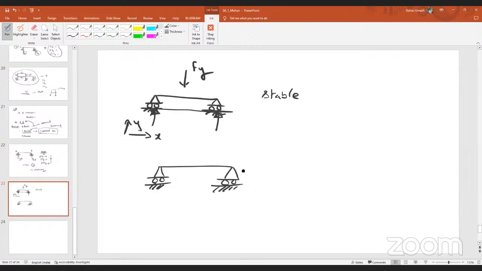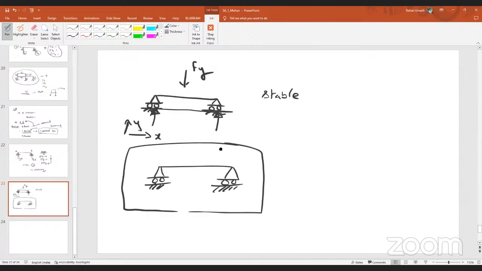In a generic sense, if I'm talking specifically about this problem, did I mention any direction of the force in this case? Did I say whether it is an x direction force or a y direction applied force? Did I say any movement?